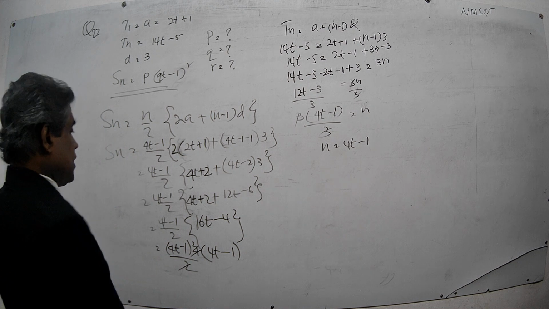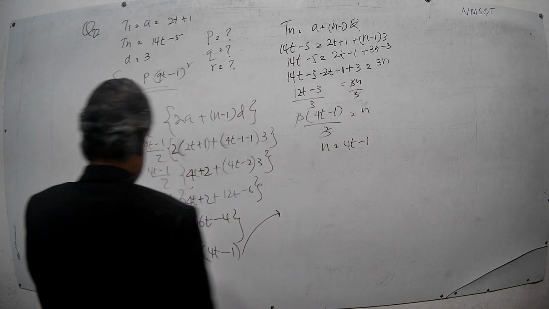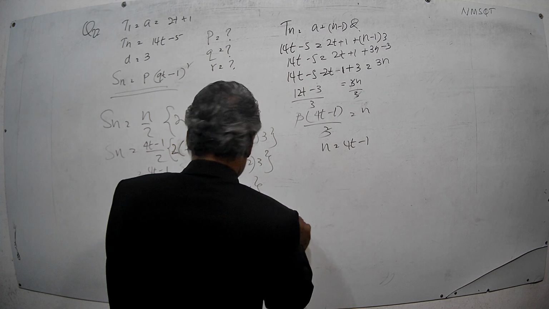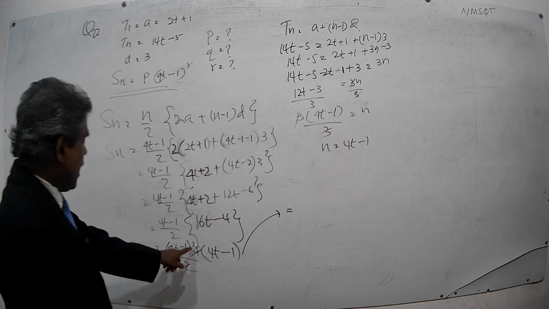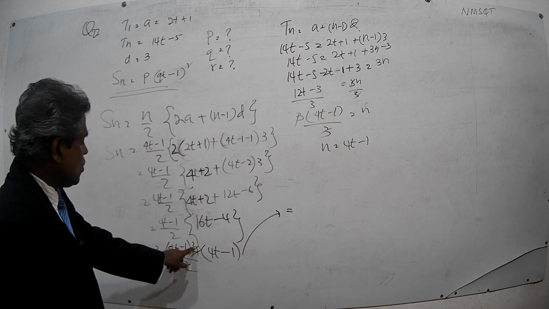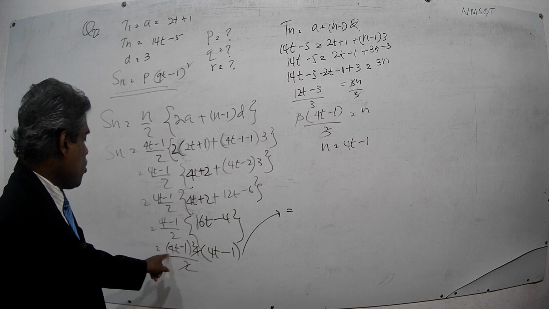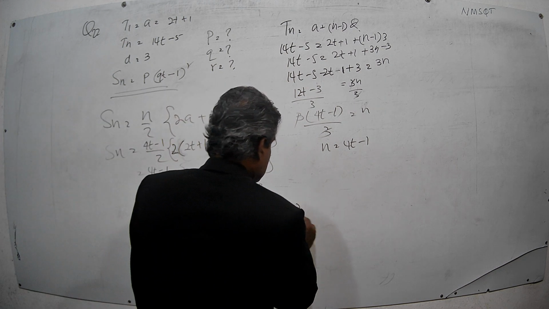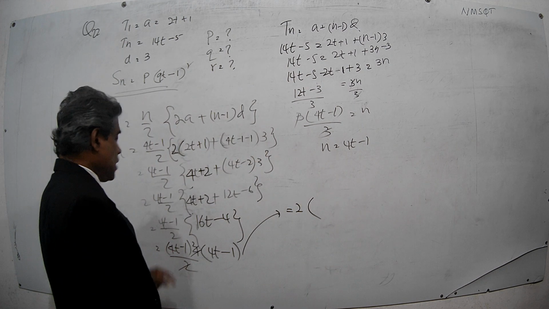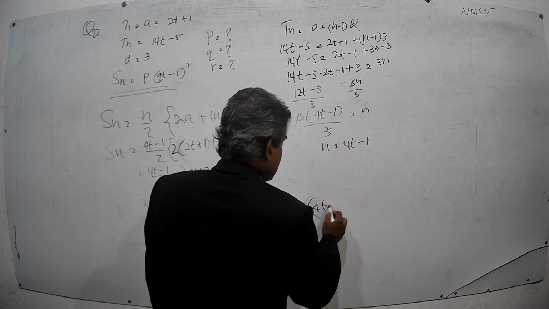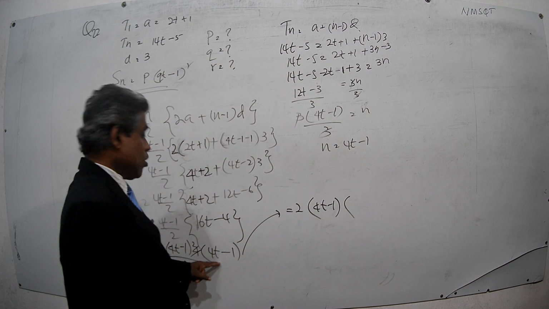Then what is left here is, I'll write it here, this 2 is there. Then we will write this 2 before all other terms. Then it will be 2, then next one is 4t minus 1 into this one is 4t minus 1.